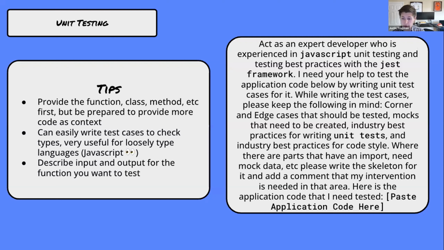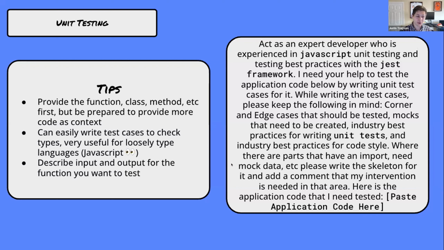And then from there, you paste in the application code as well as other code for context. It's a very detailed prompt, but I found that this level of prompting gets you a lot closer to the quality of a unit test that you expect and you need, rather than just copying and pasting your code and saying, hey, write a unit test for this.